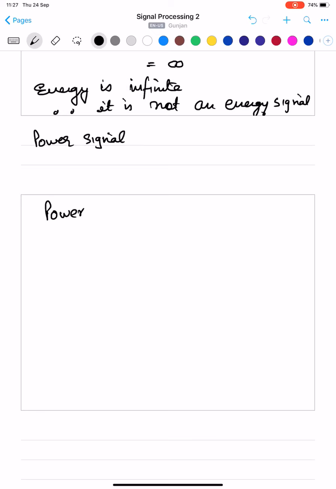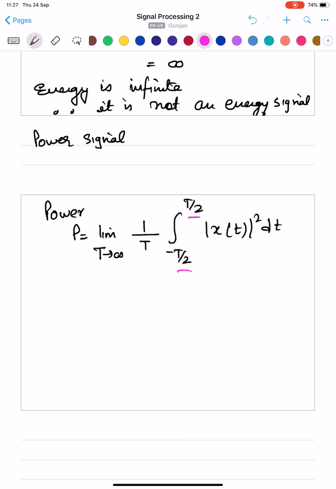In a similar way, in signals also we find power, denoted by P, equals the limit as T tends to infinite of the average over the time period about which you are integrating: 1 by T times the integral from minus T by 2 to T by 2 of mod of x(t) squared dt. If you compare it with the formula of energy, the difference is that the limits are minus infinite to infinite, and you don't see this part here.